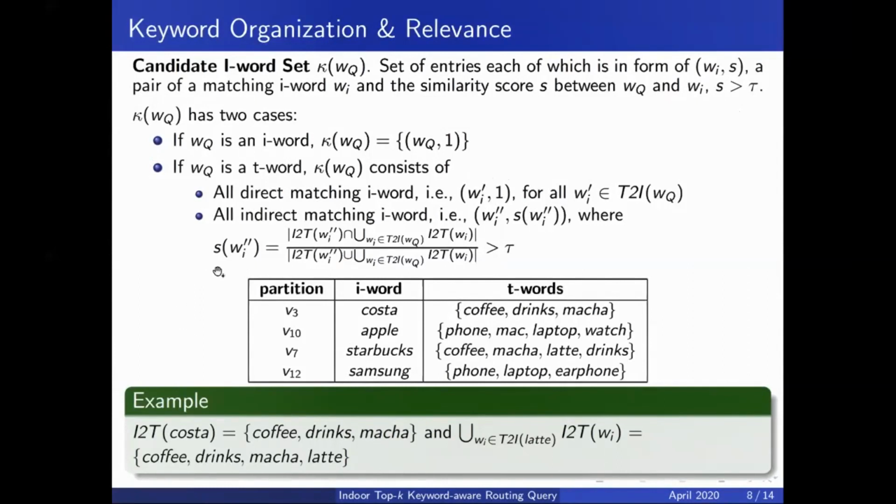Then we map latte to its direct matching I-words, and for each of these direct matching I-words WI, we get its related T-words. And we denote the union of these T-words as ZB. Then the similarity of each of these I-words and Coaster can be computed using ZA and ZB.